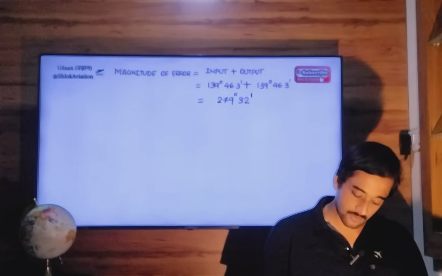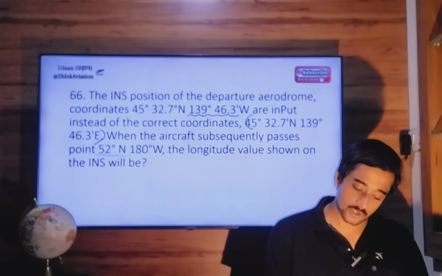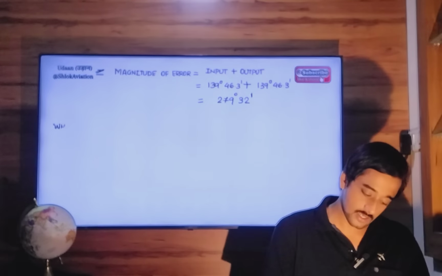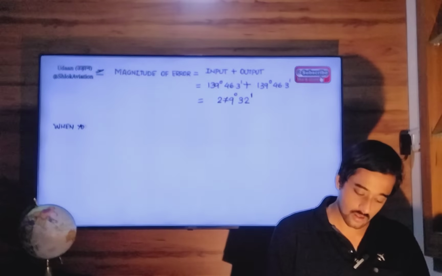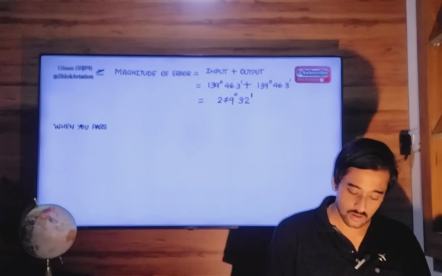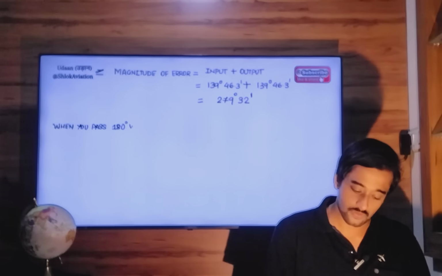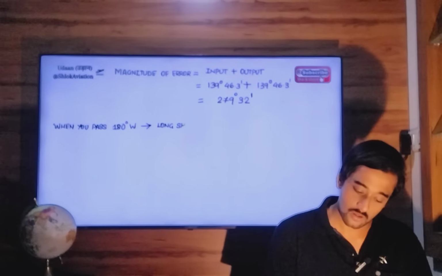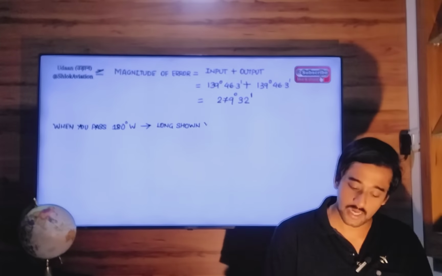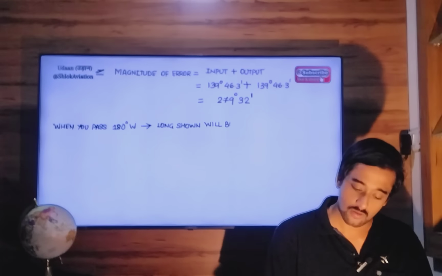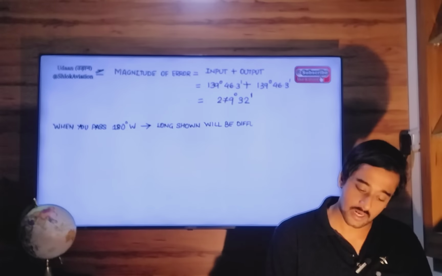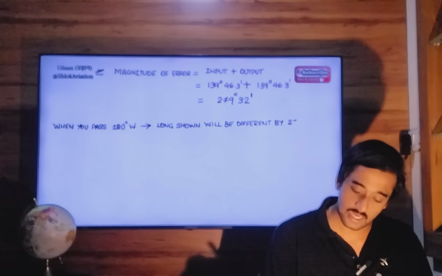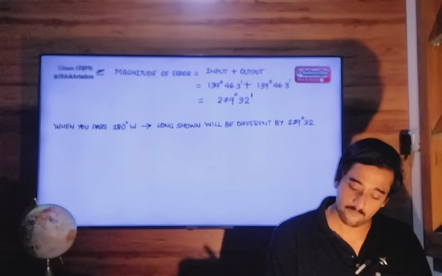Okay. Now step number 2, you are passing a position which is 180 degree west. When you pass 180 degree west, the longitude shown will be different by 279 degrees 32 minutes.